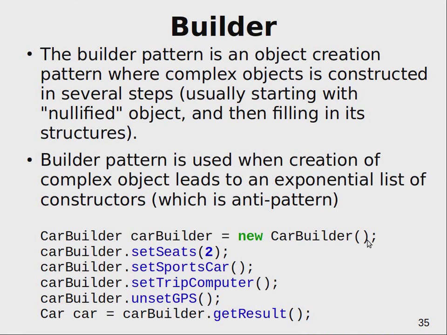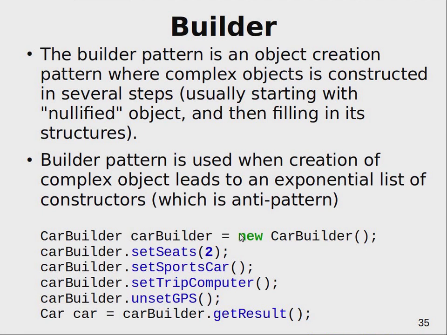And maybe not wheels, because different wheels may also be extras. But then you use the setter approach, you set more optional extra parts into the object where these extras are needed. This is called the builder pattern.